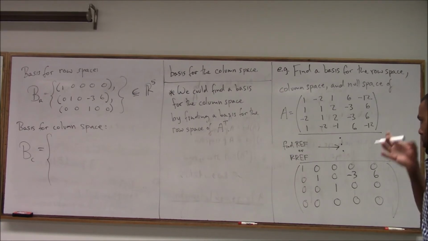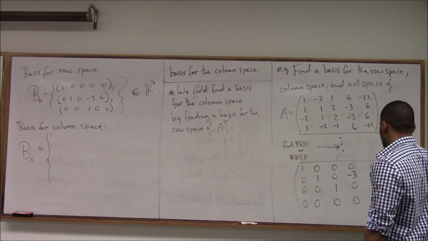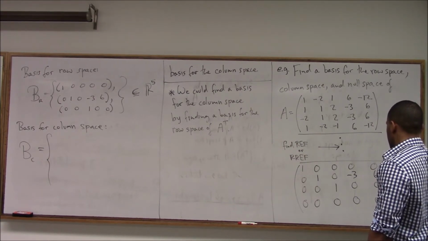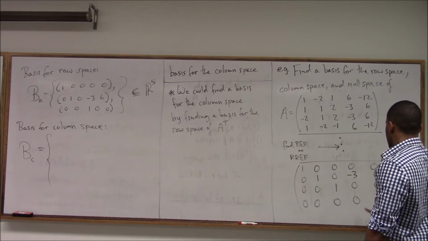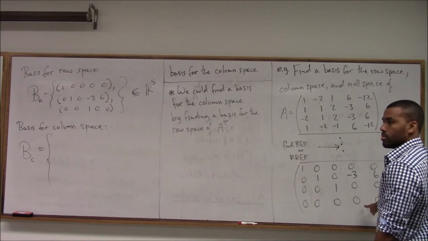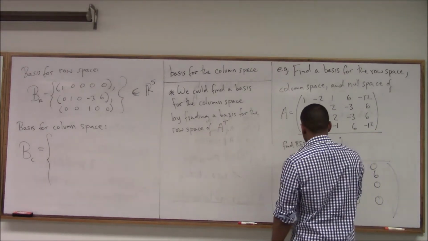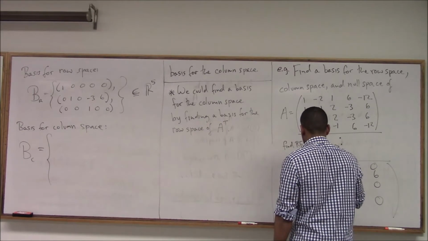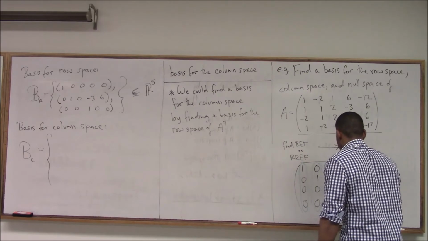I think I neglected to say something in the definition, because it turns out that these two are dependent. So the idea is it's only the ones with pivots. So add that to the definition. I think I neglected to write that down.